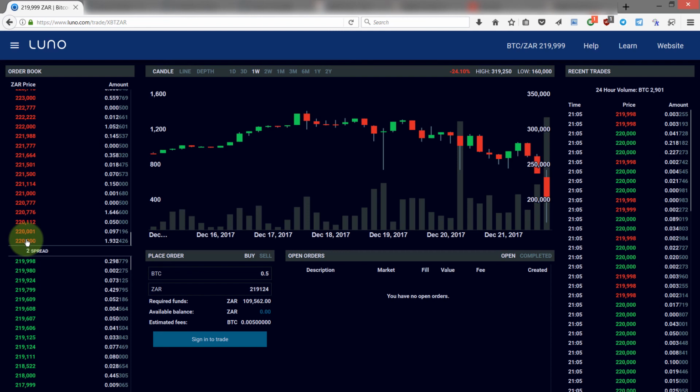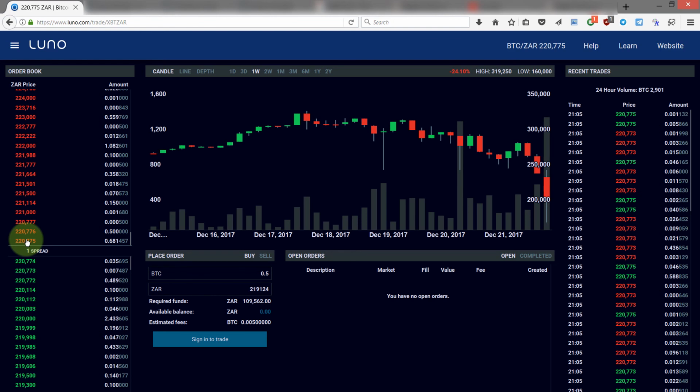And again, that takes us back to the important point about Luno or any other exchange out there, and that is that all their purpose is to facilitate transactions between buyers and sellers. They don't hold their own Bitcoin that they sell to you, and they don't hold their own vault of rands that they use to buy your Bitcoin from you when you want to sell.